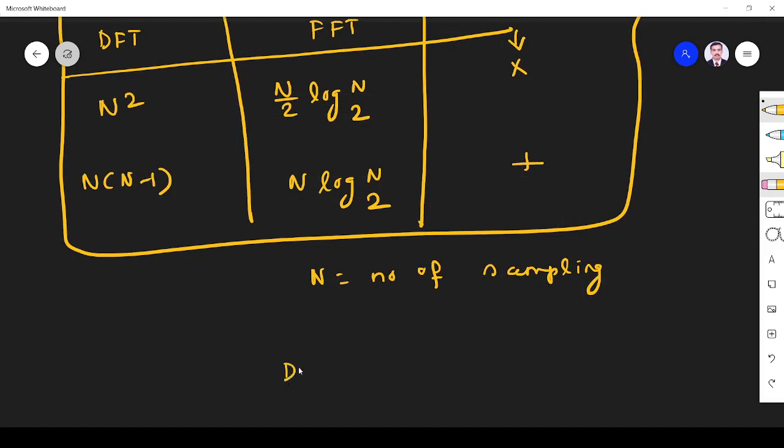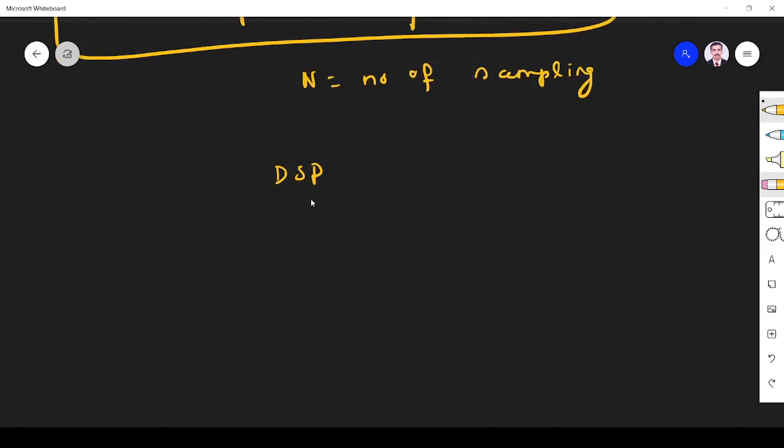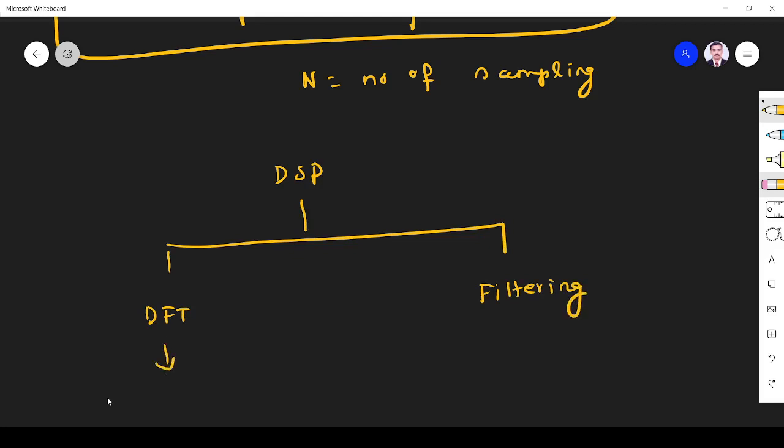In DSP, we have only two concepts. One is the Fourier transform, that is DFT and FFT, which I told already, and the other is filtering.